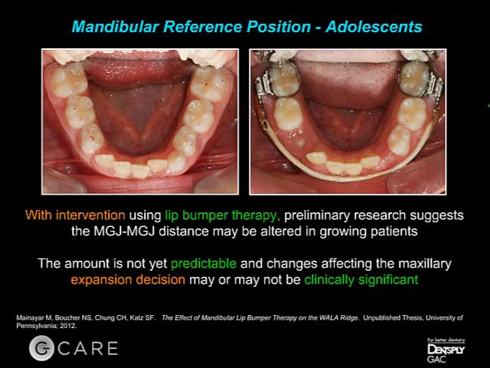However, for me, it still does not affect the maxillary expansion decision, which, when we go through these protocols in a couple slides, I think you'll understand why. So even though we may have the ability to change this, to me, it still is not clinically significant.